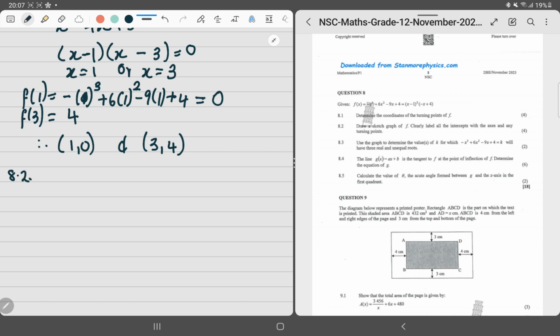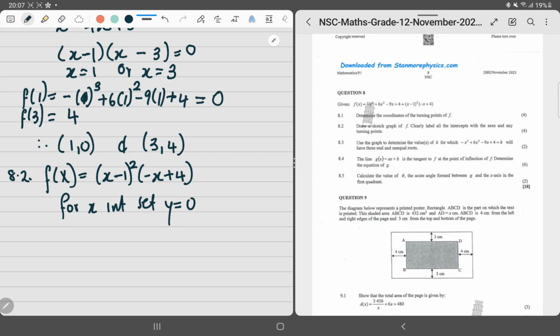Draw the sketch graph of f. Clearly label all the intercepts with the axes and any turning points. So we need to find the coordinates of the x-intercept and the coordinates of the y-intercept. For the x-intercept, set y equal to 0.